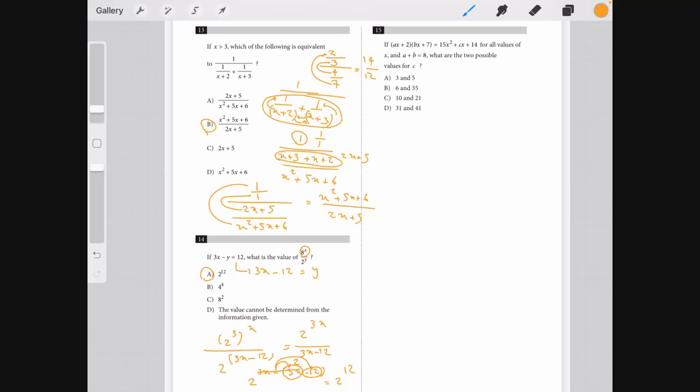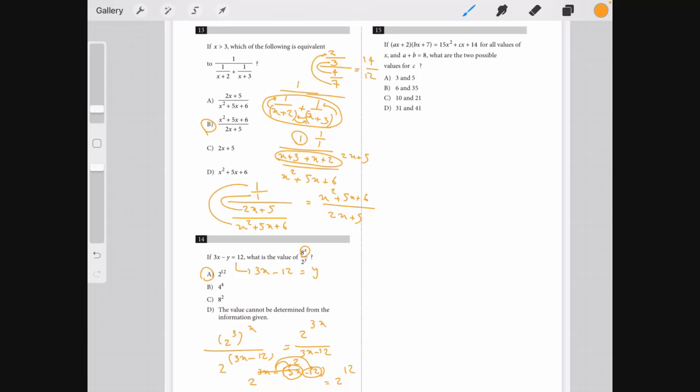15. If ax plus 2 times bx plus 7 is equal to this expression for all values of x, and a plus b equals 8, what are the two possible values for c?